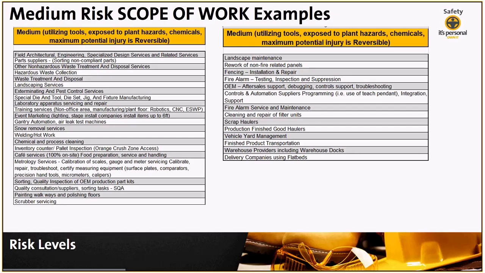Welding or hot work, scrubber services, delivery companies using a flatbed, hazardous waste collection, parts suppliers sorting non-compliant parts. Other examples may be snow removal, scrap haulers, production finished good haulers, right? So these are just some examples. Once again, you can look at this entire list at a later date.